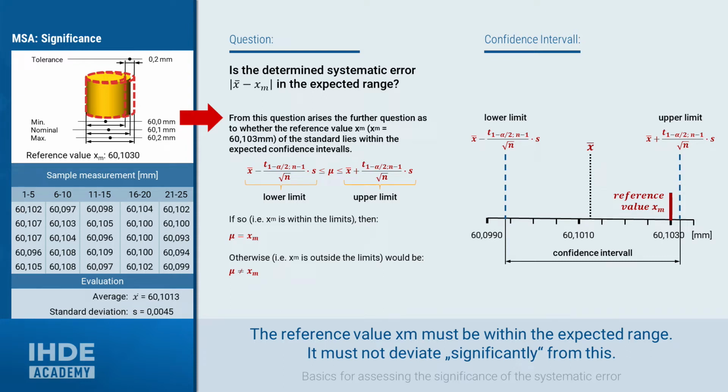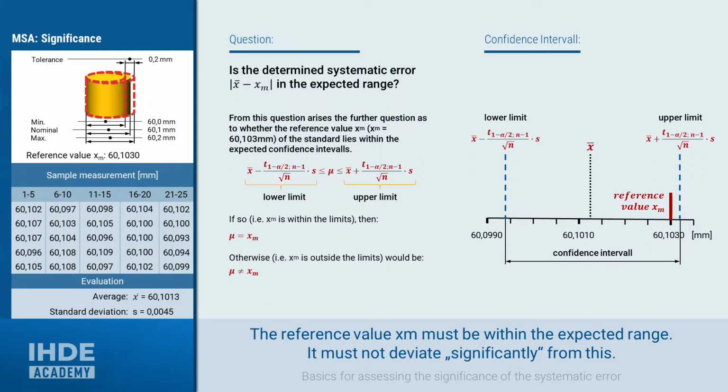60.1030 mm. The same diameter was measured 25 times with a less precise measuring device. For this less precise measuring instrument, it is to be determined whether it is suitable for the measuring task. The measurement results are in the left table. Their mean diameter, x bar, is 60.1013 mm.